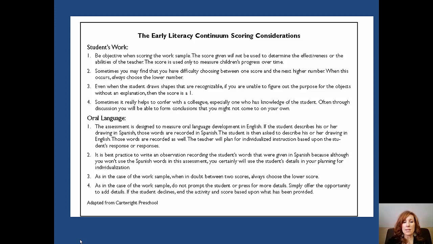And this was always a really helpful tool for me when I was trying to determine what score to give a child. When I could see examples of what a strong level 2 student could do, then it allowed me to better understand where to score my students.